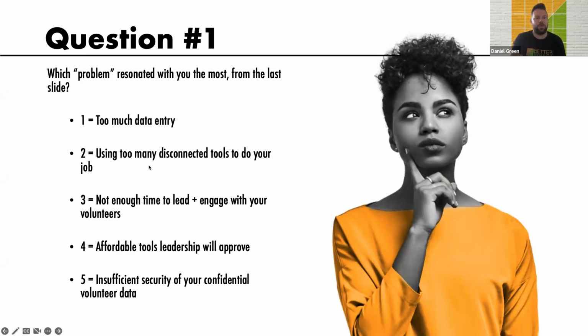Number 2, using too many disconnected tools to do your job? Is it number 3, not enough time to lead and engage with your volunteers? Or number 4, affordable tools that leadership will approve? Or is it number 5, insufficient security of your confidential volunteer data? I'll give about 30 seconds if you wouldn't mind just popping your answers in. It'd be great to see what you come up with.